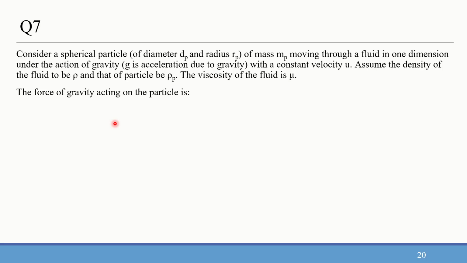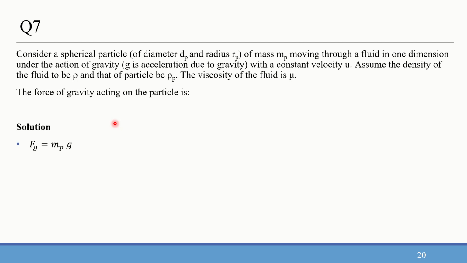So the force of gravity acting on the particle is dash. Whenever we talk about a particle settling in a fluid, the particle is being pulled by the gravitational force, and we have buoyancy force, drag force, everything. In this question it is asked what is the force of gravity acting on the particle.